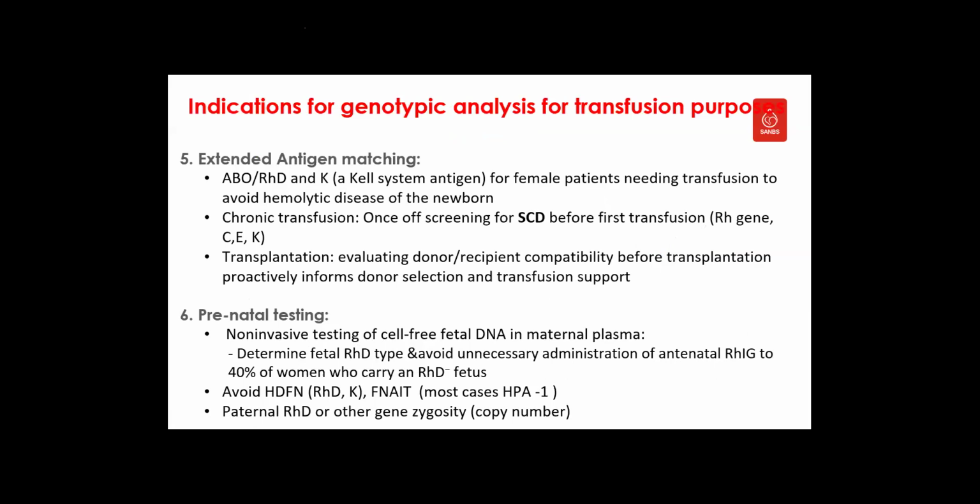Other indications for extended genotyping or antigen matching include the chronic transfusion setting, and I've talked about this extensively. And I just want to mention one clinical indication, which is sickle cell disease, and I will come back to this. So here the important genes are the RHD, C, E, and K.